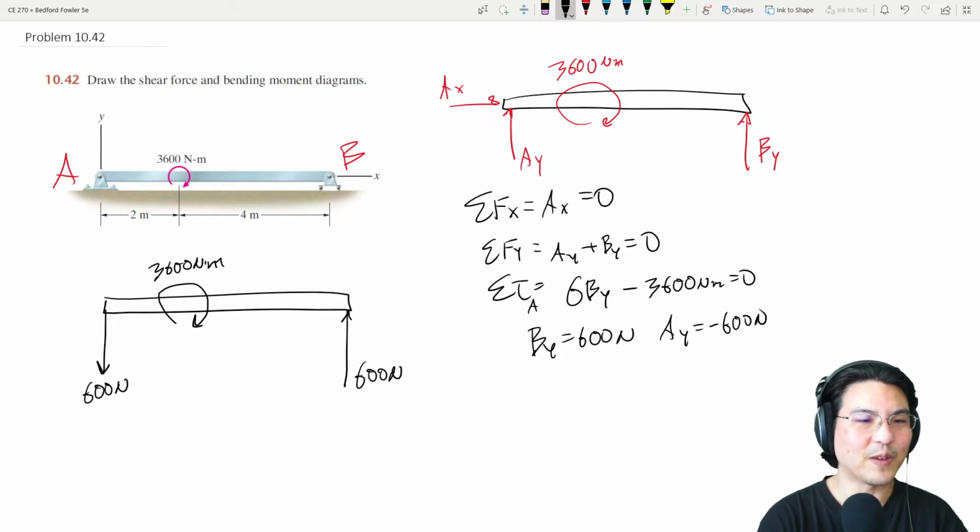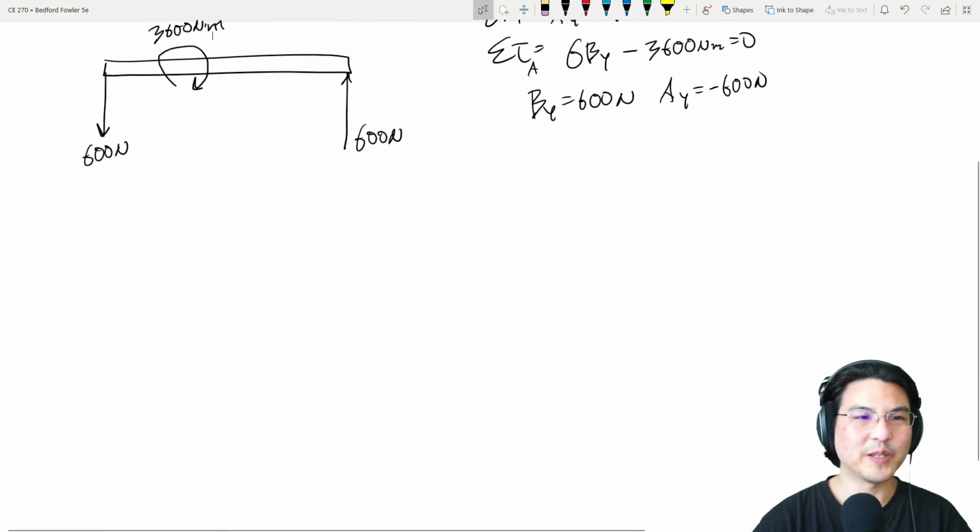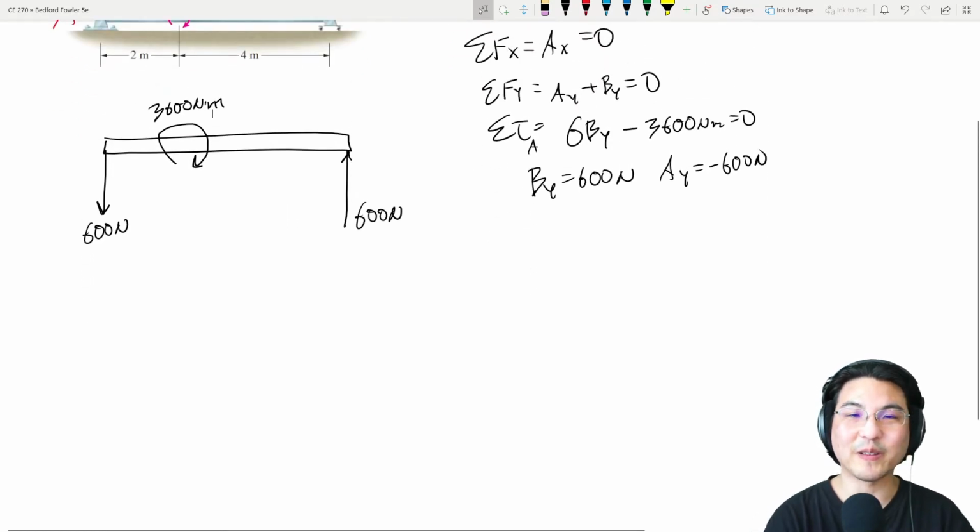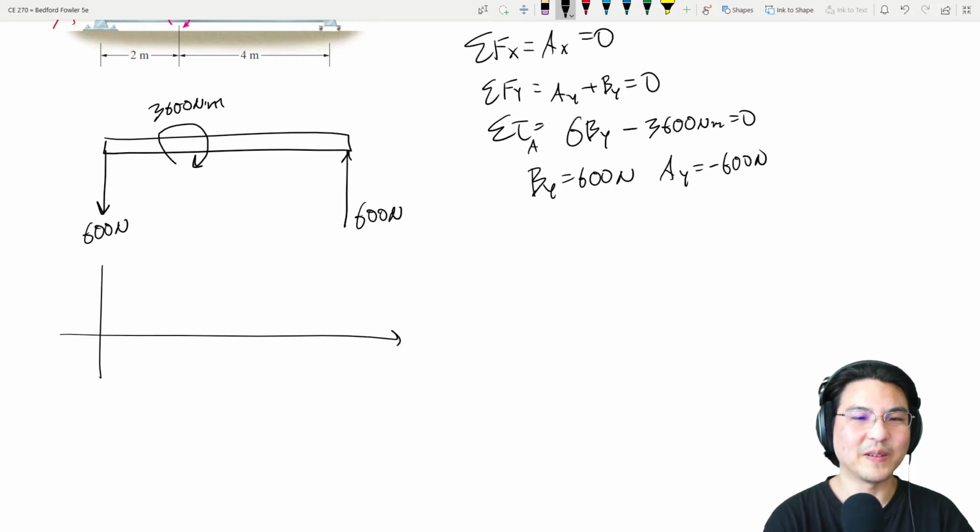Alright, so let's figure out the shear force and bending moment, but using the calculus relationship. So again, dV/dx equals negative w.